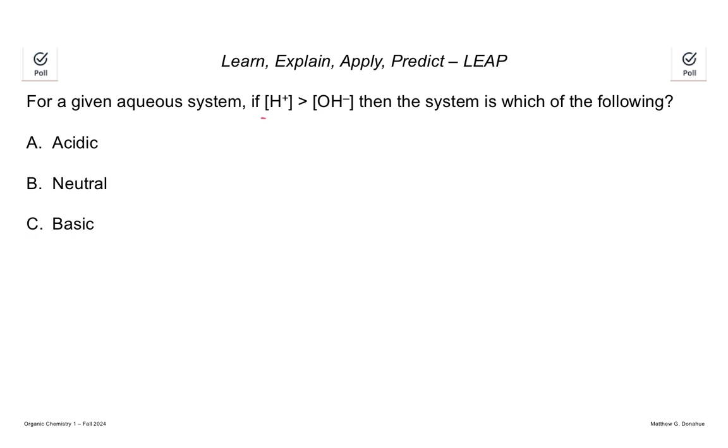If the concentration of proton is greater than hydroxide, how is that described? So that's acidic. And the other situation, I don't have a slide for it, but if the concentration of proton is less than hydroxide, that's basic.